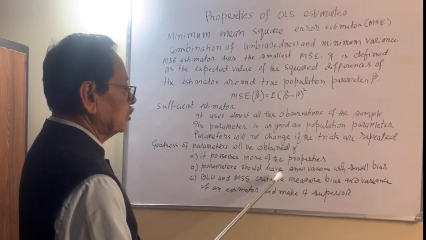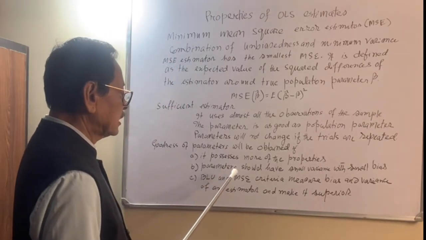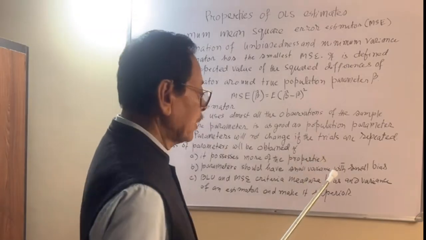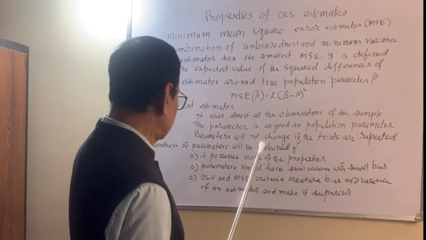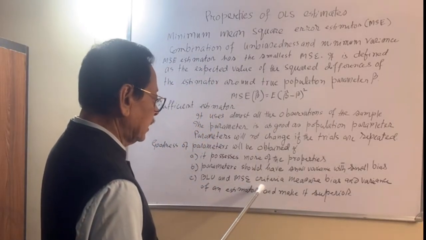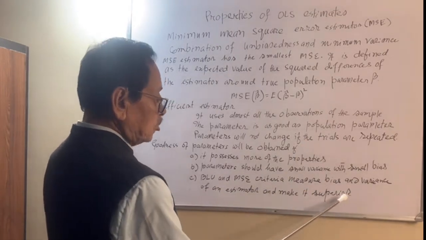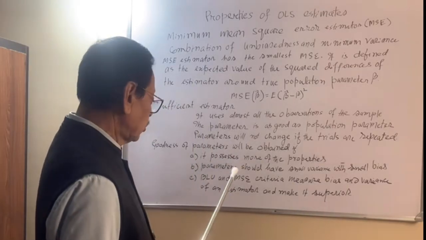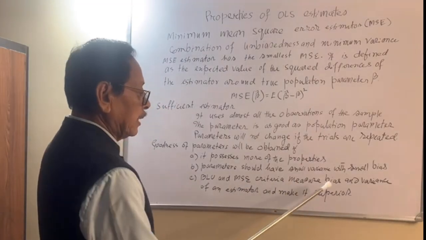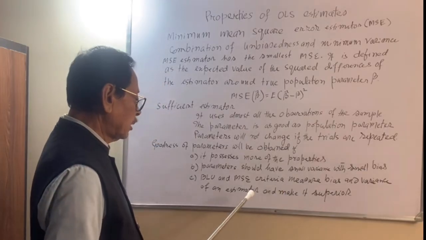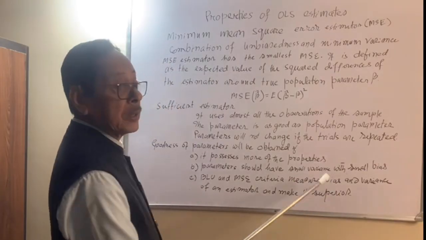Then parameters should have small variance with small bias. We have discussed what bias and variance are. The BLUE and MSE criteria measure the bias and variance of an estimator together, and that's why the estimator is said to be superior.